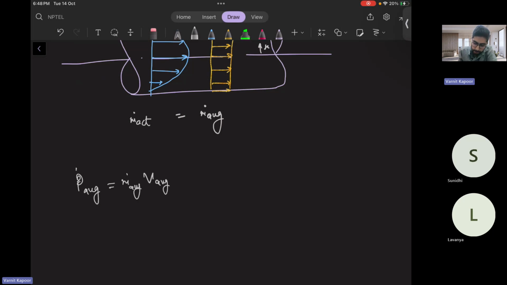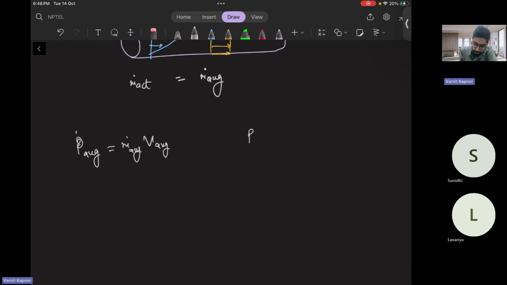Similarly, my kinetic energy average will be half mass flow rate average V average whole square. Since mass flow rates are the same, they won't change, but V average is different when compared to the actual.